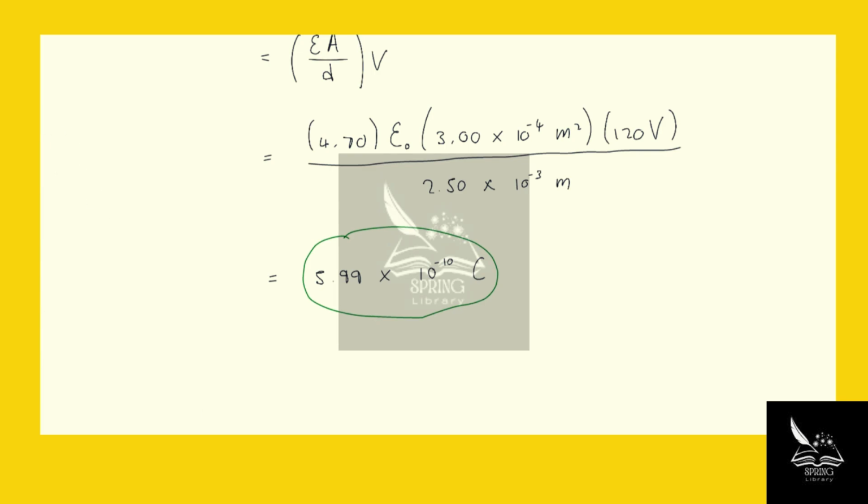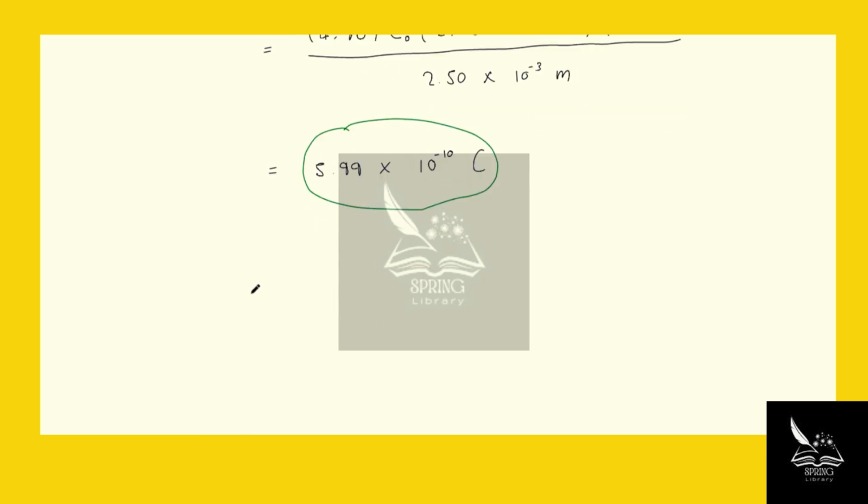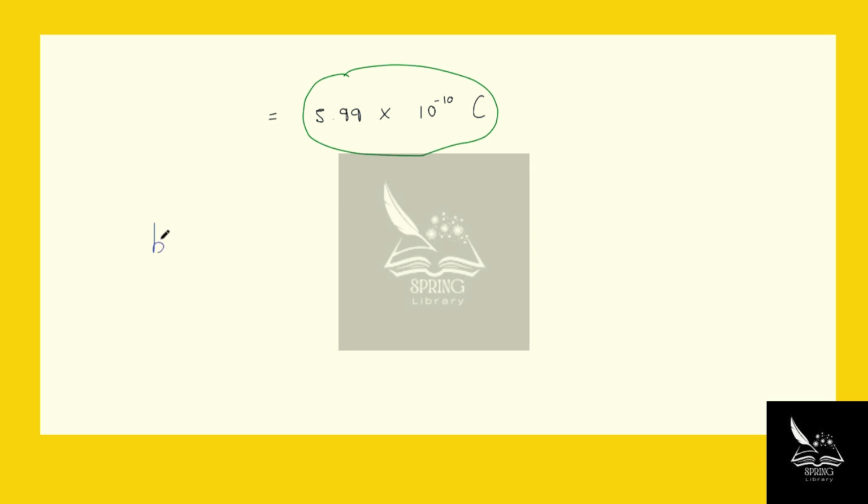For part B, we want to calculate the rate of change of the charge on the plates. So the rate of change of charge is dq dt, but we know dq dt is actually the conduction current IC.